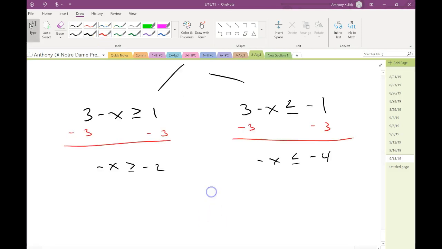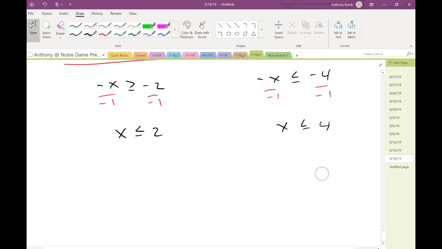And then we'll have to divide by negative 1. What are we going to have to remember to do in this case? Flip those inequalities.